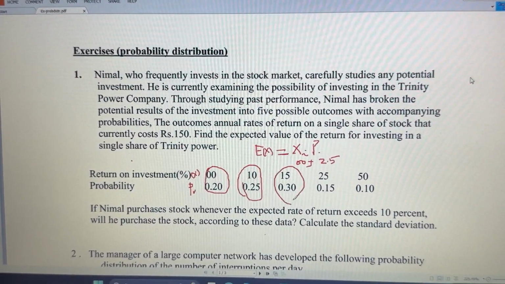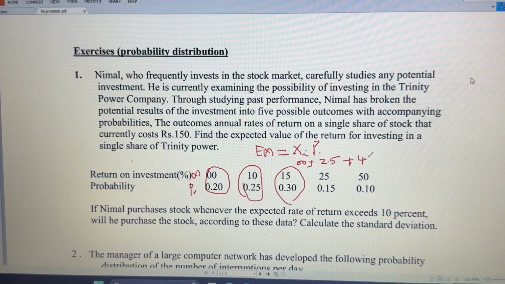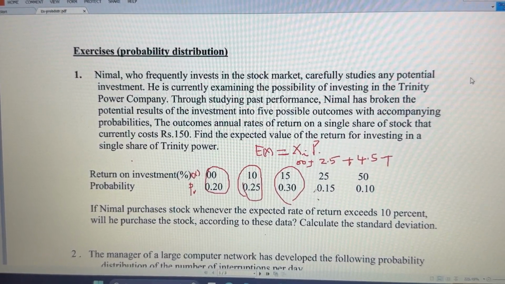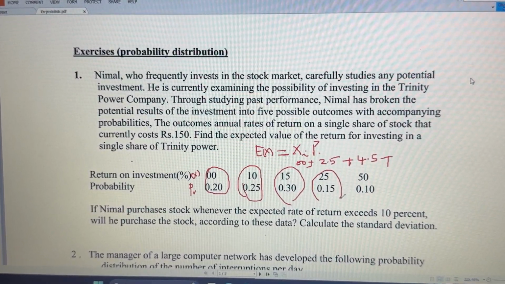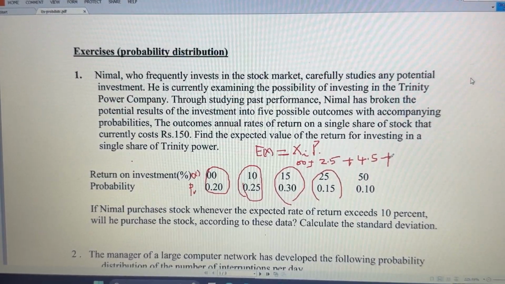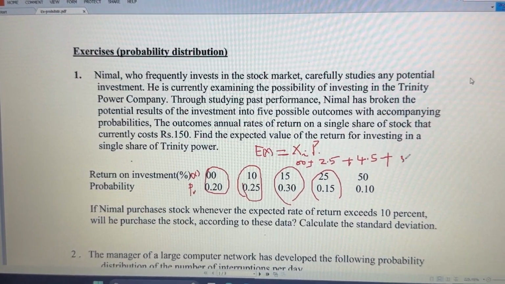Then you multiply this both, then 4.5%. Then plus, then multiply this. Then it's 3.75.